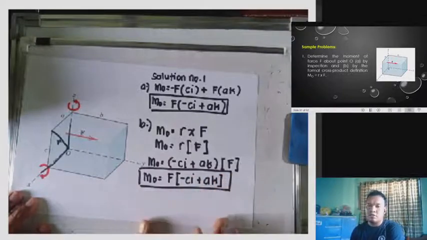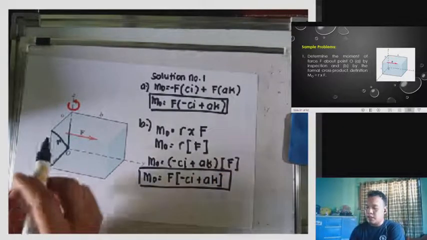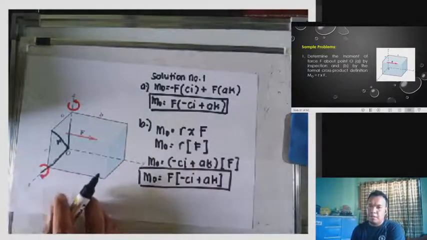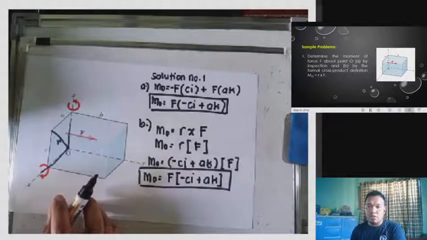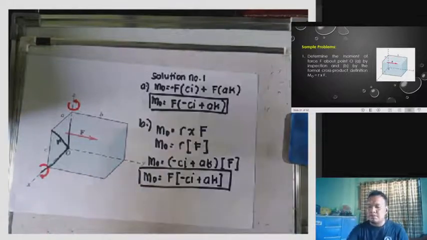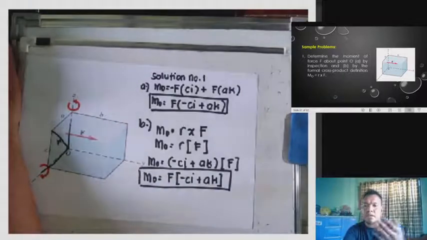So kaya naging ganyan yung sagot natin. Pero actually, yung R po diyan, dapat naka Pythagorean theorem sakali, no? Okay. So next problem tayo para mas mapalalim pa natin yung pagkakaintindi natin sa pag-moment ng mga forces.